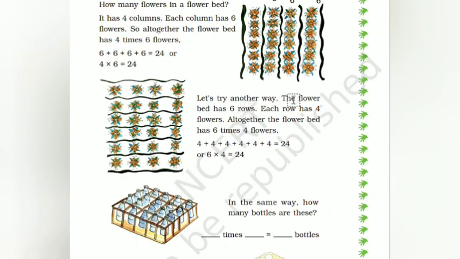Let's try another way. The flower bed has how many rows? 6 rows. Each row has 4 flowers. So altogether how many? See here we can write as 4. Here also 4. Then here 4. Here also 4. Here also 4.